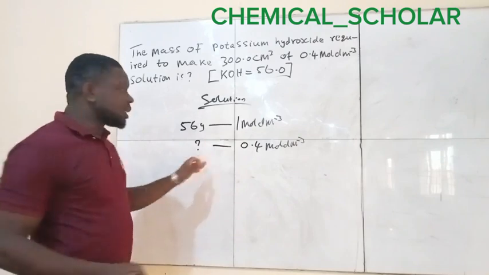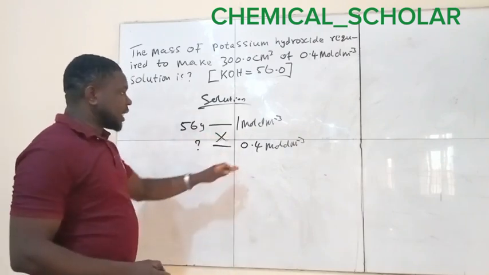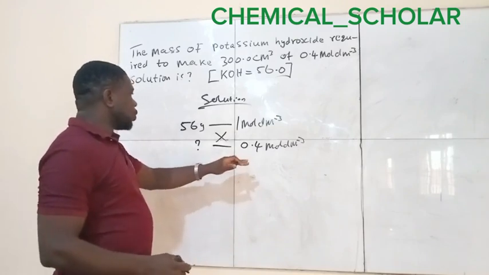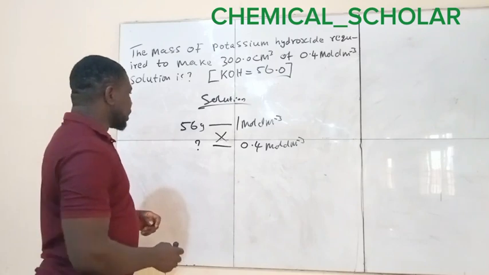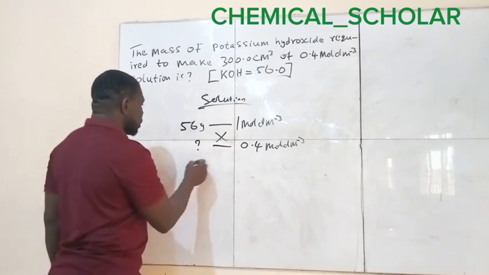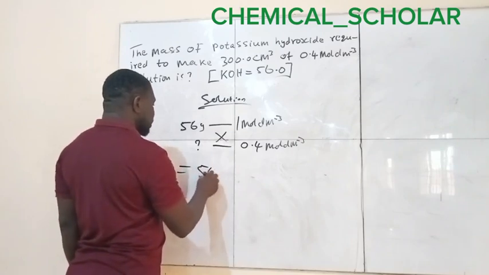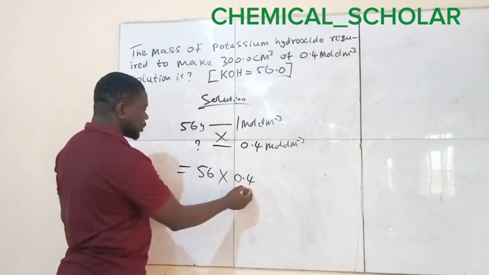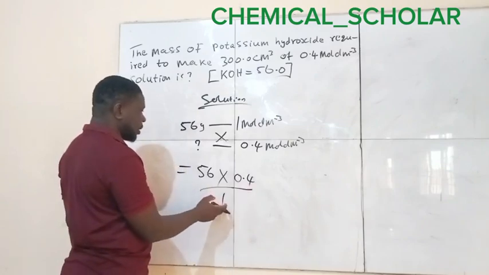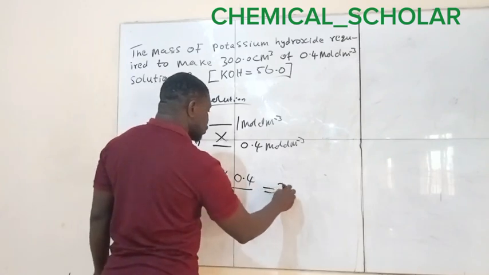So if we do that, we will relate these two and find the mass that will be required to give us 0.4 mole per dm³ of potassium hydroxide, and that will be equal to 56 times 0.4, of course divided by 1, and anything divided by 1 will still give it.